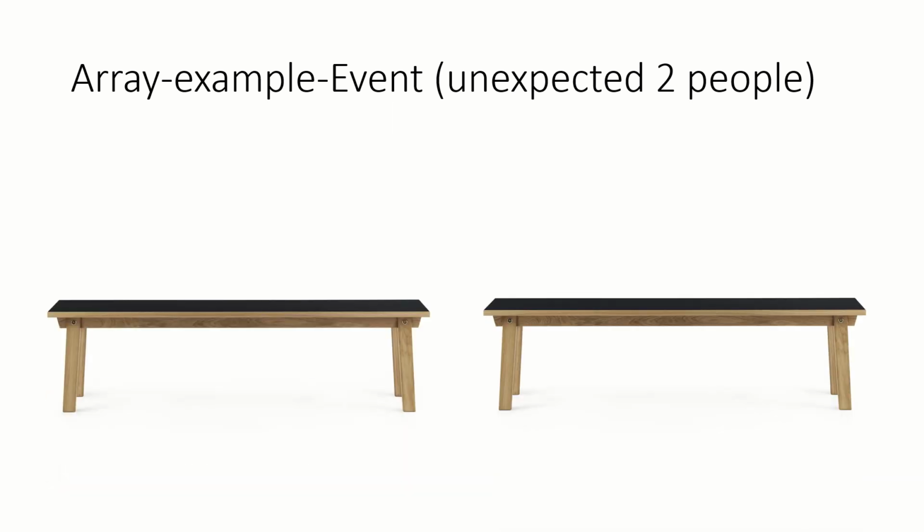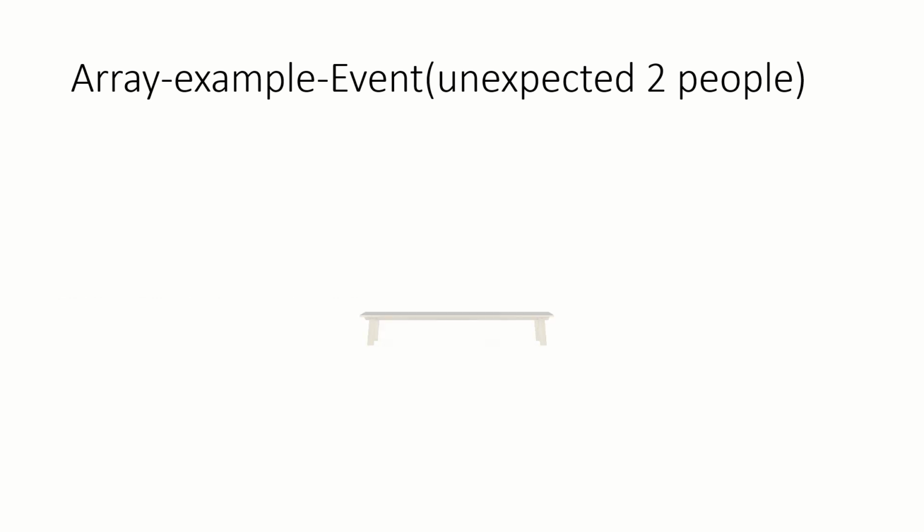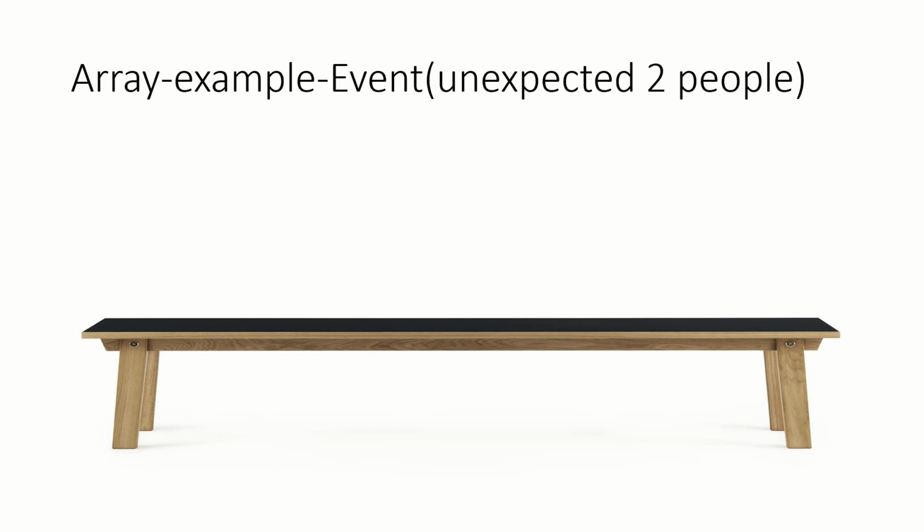Can we do something like this, add one more bench in the array? The answer is no, right? Because in an array, the size is fixed. Okay? The only thing you can do, you just get a new bench, which allowed at least 7 people to sit.